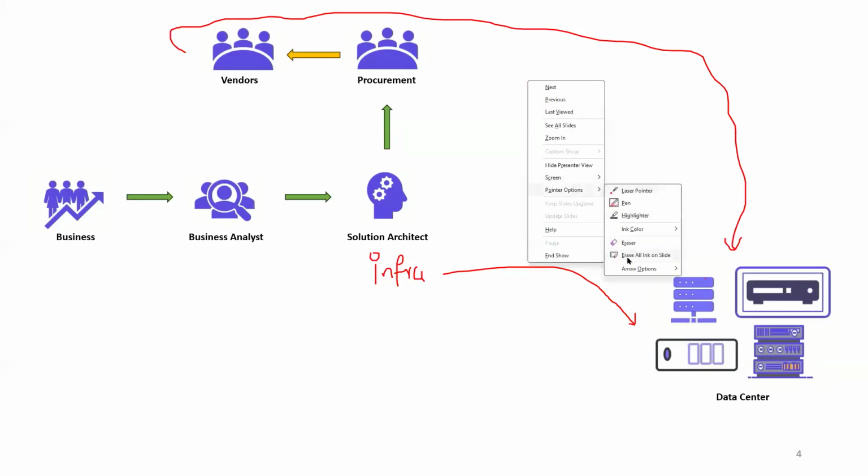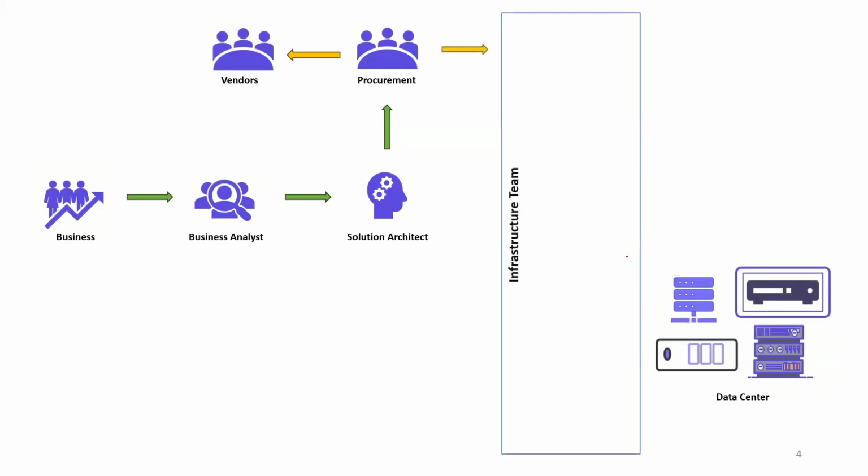For example, if the entire infrastructure is already available at the data center, or once it is received at the data center, that's where the field engineers come into the picture. They are in charge of the rack and stack of equipment.